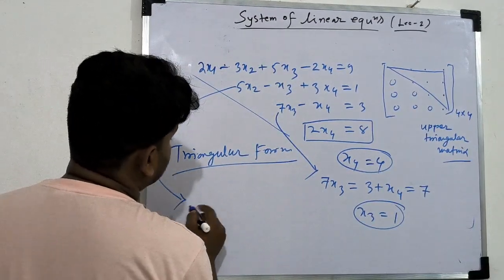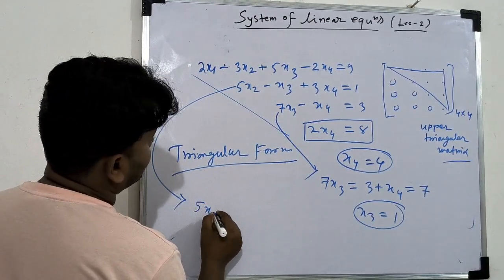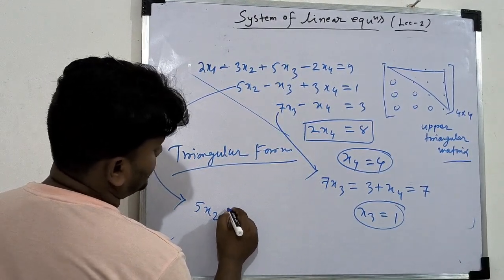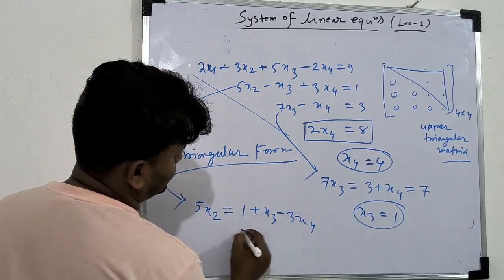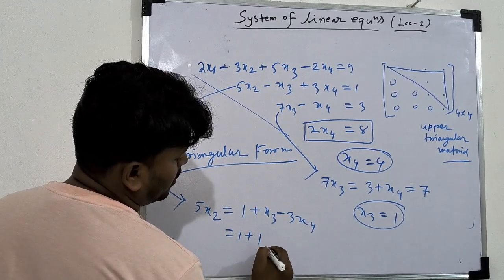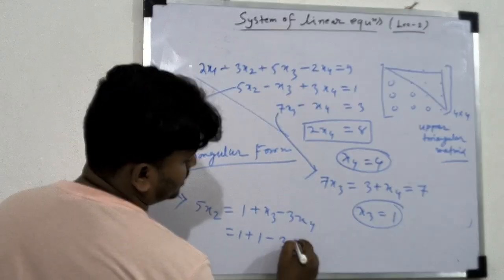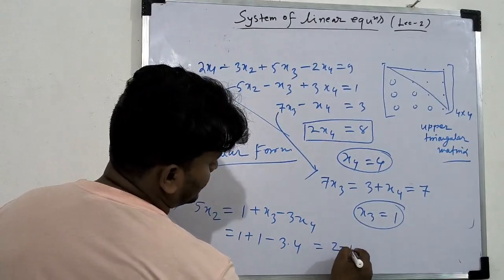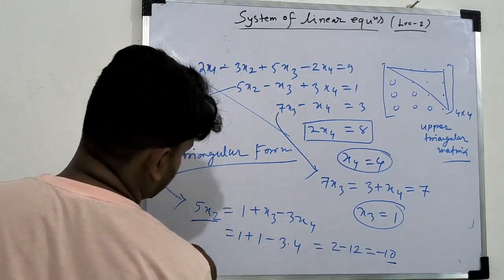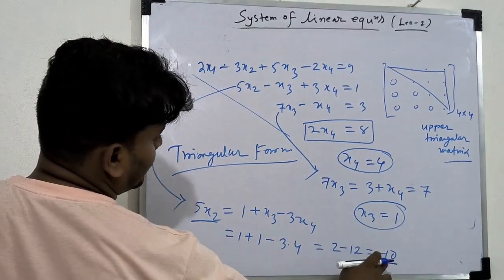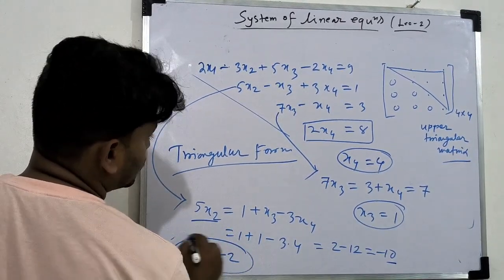And from the second equation, we can find 5x2, that is equal to 1 plus x3 minus 3x4. Putting x3 as 1 and x4 as 4, this will be 2 minus 12, that is minus 10. 5x2 equals minus 10, so x2 will be minus 10 by 5, that is minus 2.